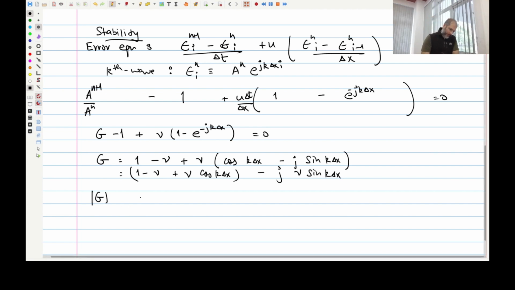So mod g becomes, let's take the square of that. That becomes 1 minus nu plus nu cos beta, where, just to save some work, I write k delta x as beta. This is mod g squared.